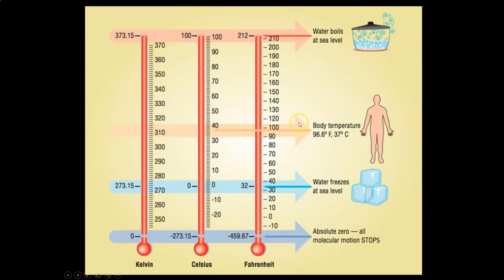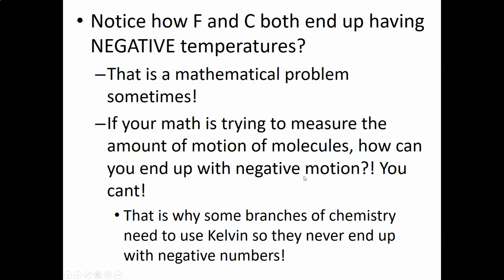What's our body temp? And then all the way up here, water boiling. The big reason we like kelvins, like I said, is that we don't end up with negative values. If we're trying to measure the motion of molecules, a negative number does not make a lot of conceptual sense.